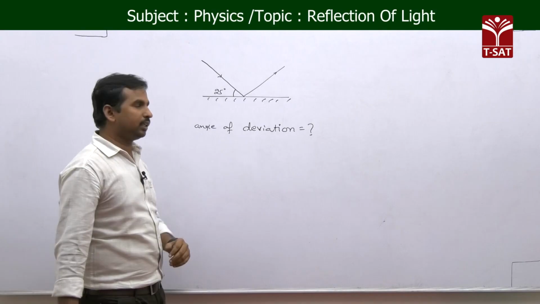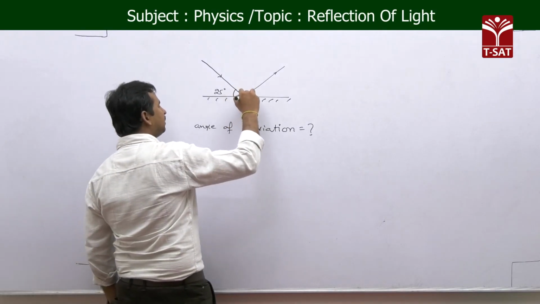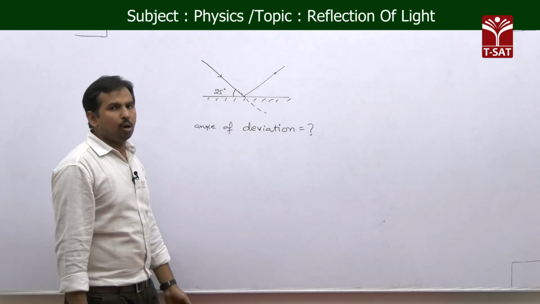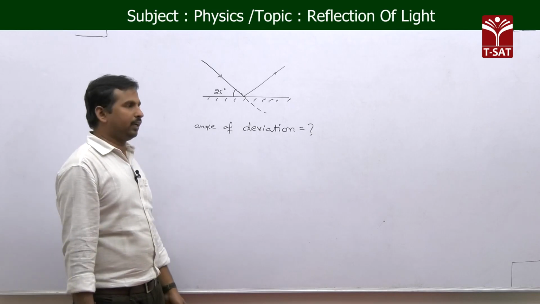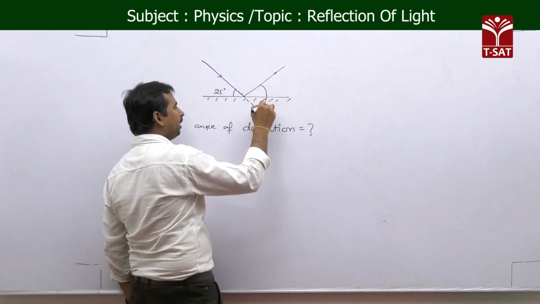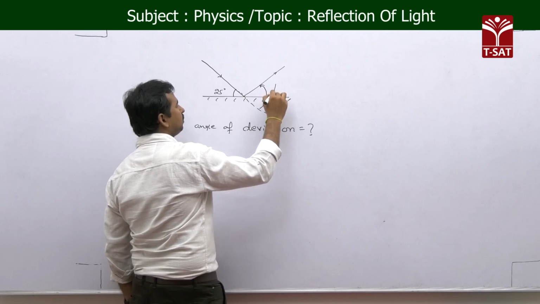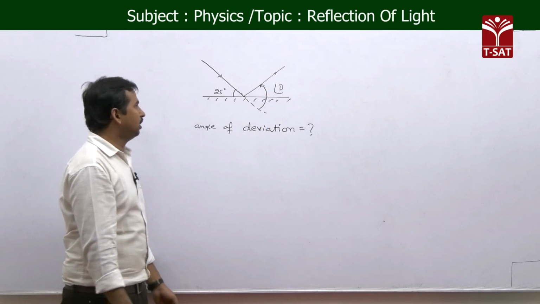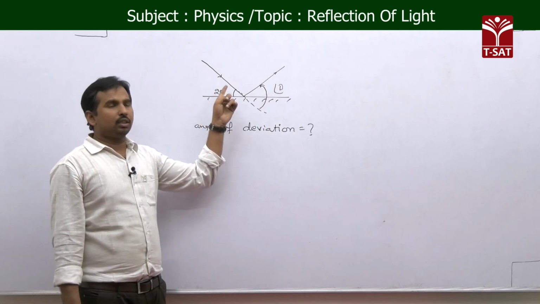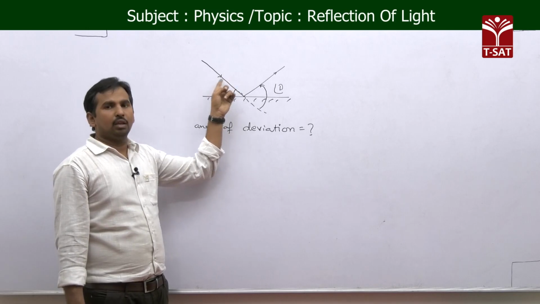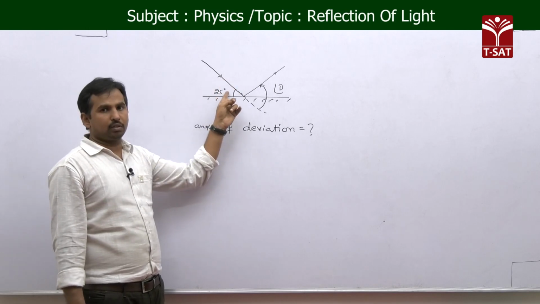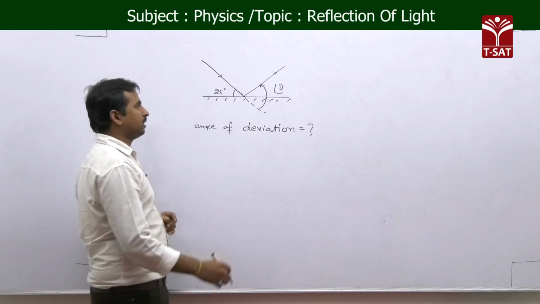How we get that is, if you extend the incident ray, then how much the light ray deviates gives you the angle of deviation. It is given that the light ray makes an angle of 25 degrees with the surface, which is going to be our glancing angle.